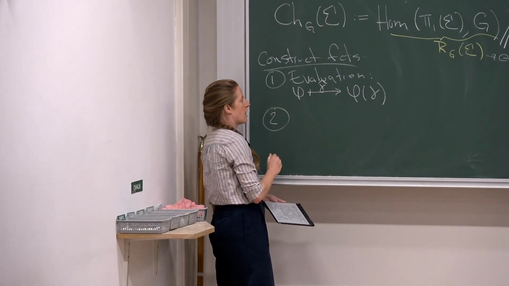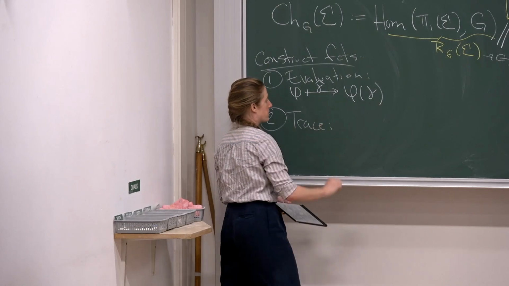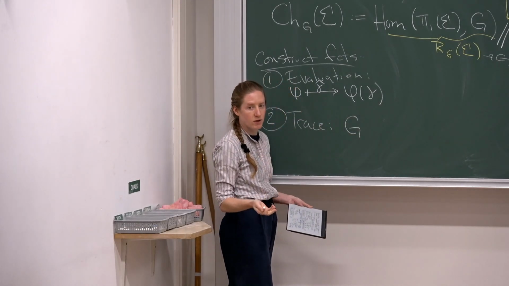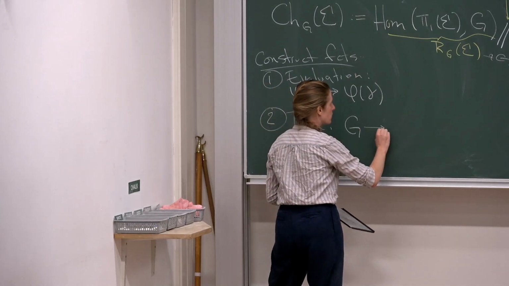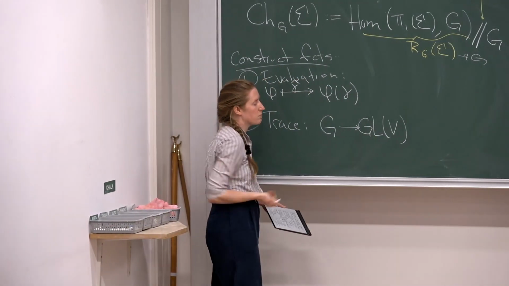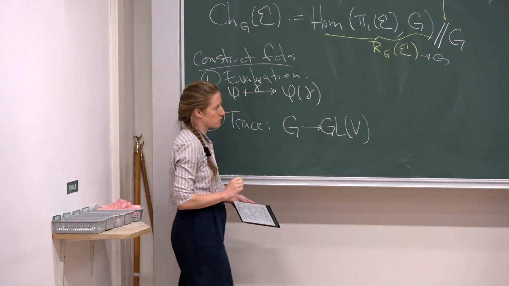So the next step that I could do is I'll take a trace. Just to say I take G, I want to take a trace. I like to take trace of matrices. So what I'll do is I'll think of it as a matrix. For mathematicians, this means I'll get some homomorphism to the invertible matrices on some vector space.